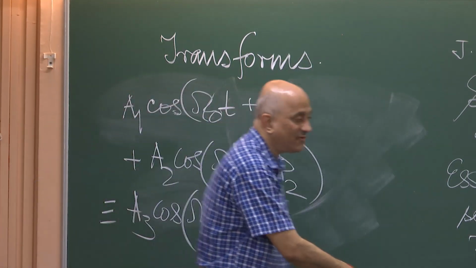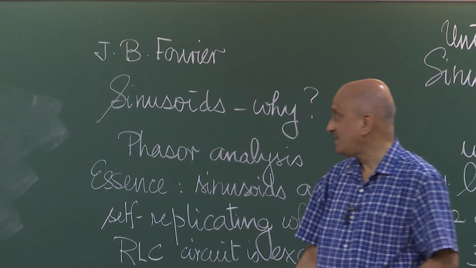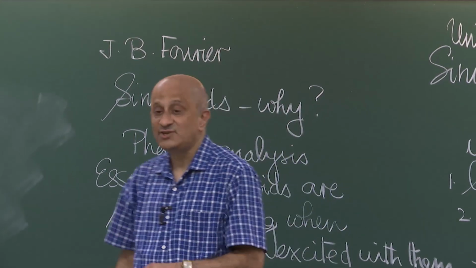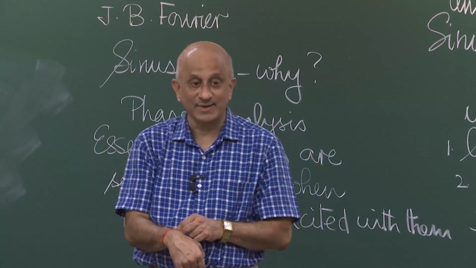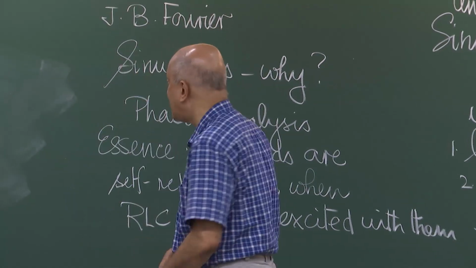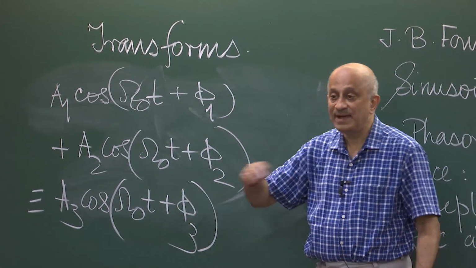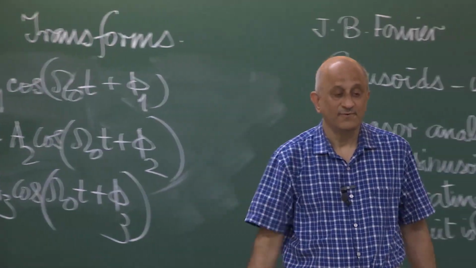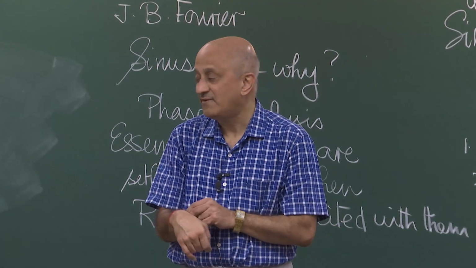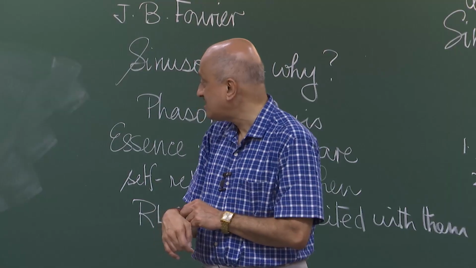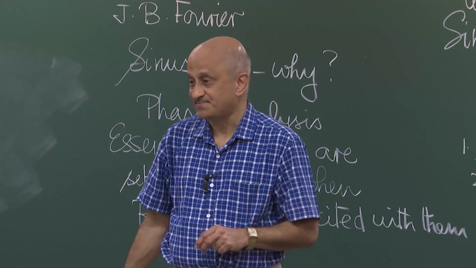And we all know how to find A3 and phi 3 in terms of A1, phi 1, A2 and phi 2, right. We can easily do it using simple trigonometry. We expand this and then expand this and compare the coefficients of cos omega naught t and sin omega naught t. So, one can easily find out A3 and phi 3. Therefore, this is the self-replicating property under linear combination.